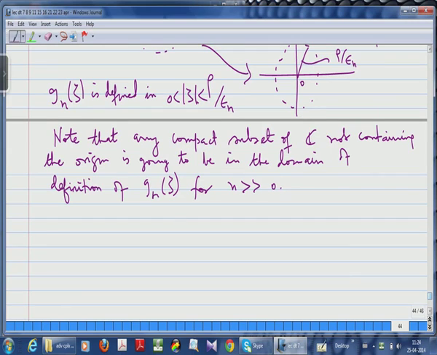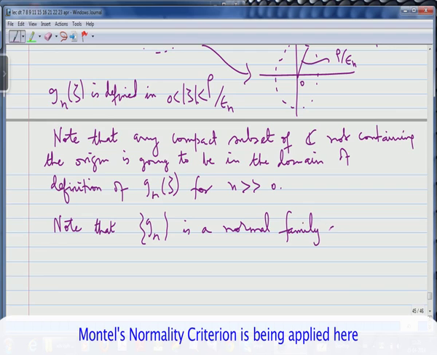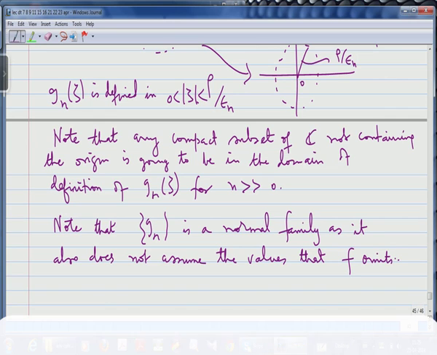So let me write this down. Note that Gn is a normal family, as it also does not assume the values that f omits.